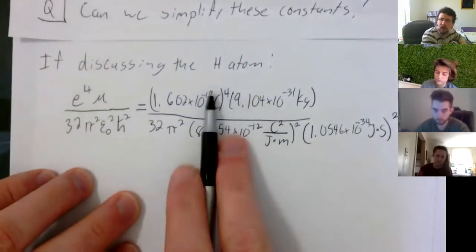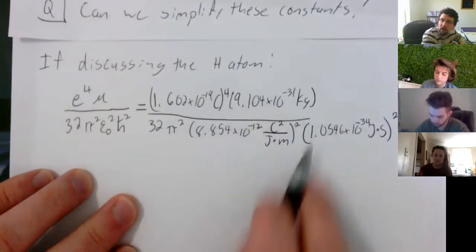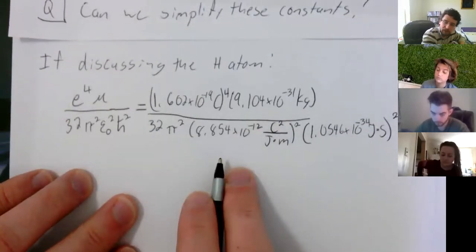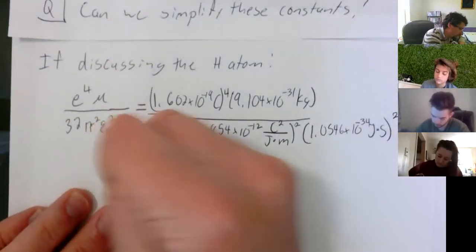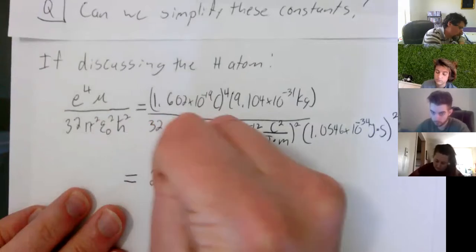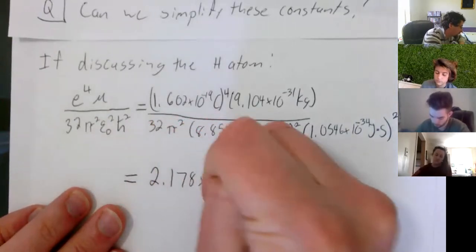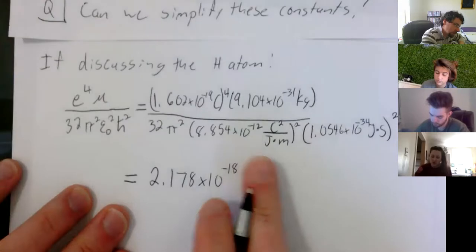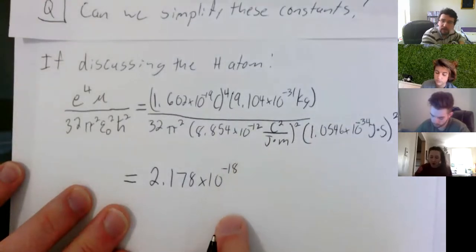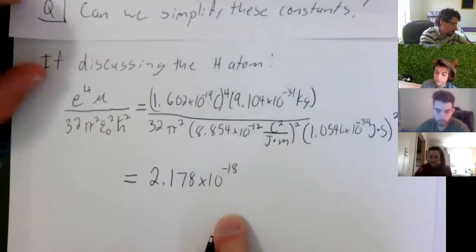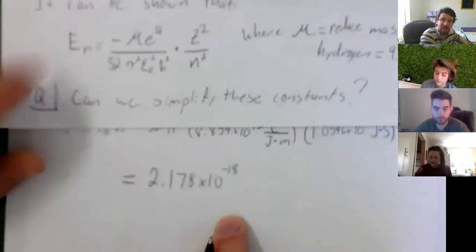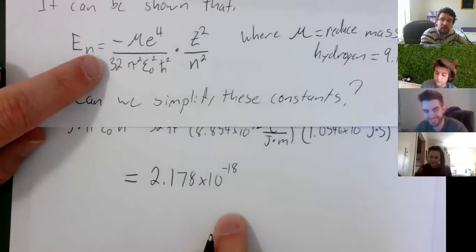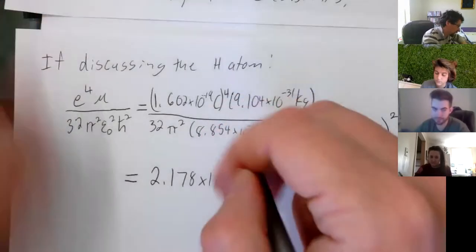Okay, so if we combine all of these numbers, the value that you get is 2.178 times 10 to the minus 18. And can you guess what the unit is going to be? Thinking back to Newton, joules or coulombs? Yep, it's joules.